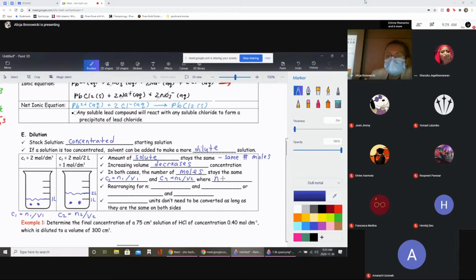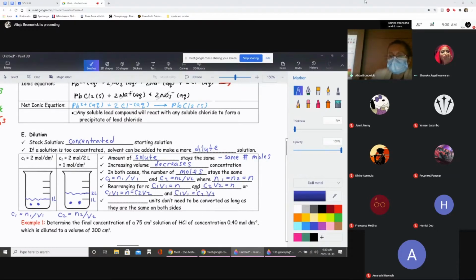However, N1 equals N2, so we're just going to say that that's equal to N. If we rearrange for N, C1 times V1 equals N, and C2 times V2 equals N. So C1V1 equals N equals C2V2. And C1V1 equals C2V2.